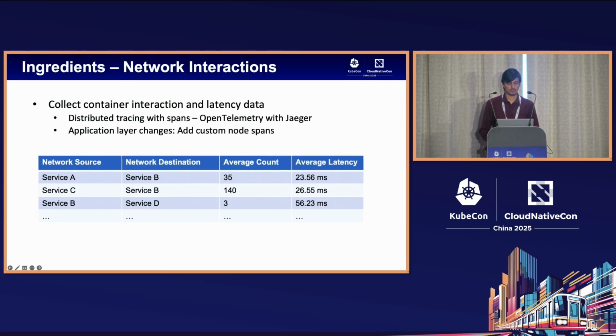The second thing that you would probably need is something like network interactions. So what we do is use distributed tracing with OpenTelemetry with a Jaeger backend. What it gives us is network traces of all the services that are interacting, what the count is, what the latency is, and if there are any custom spans that need to be added, they can be added by the application developers in the teams. That is the only change needed from them.